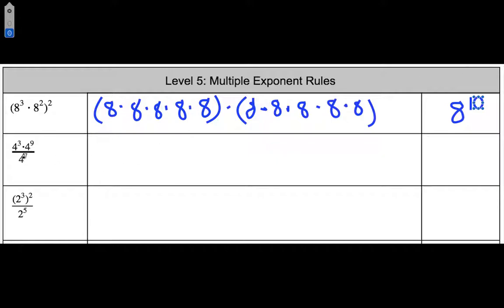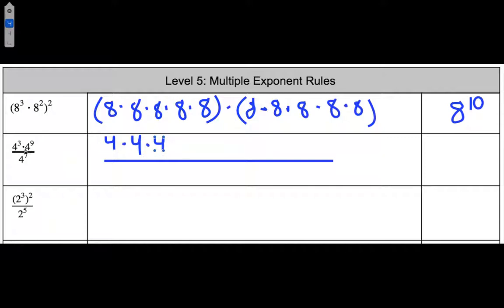My second problem here, 4 to the third power times 4 to the 9th power, all divided by 4 to the 7th power. Put my fraction bar in here. In the numerator, first of all, I have 4 to the third power, so that's 3 times. 1, 2, 3.